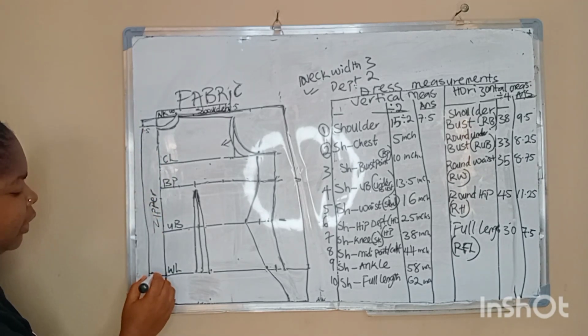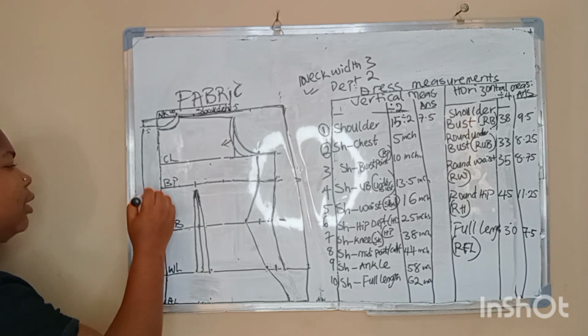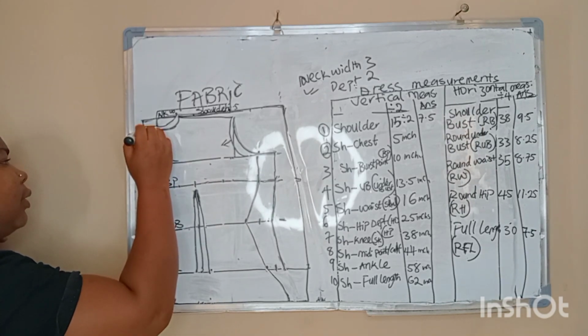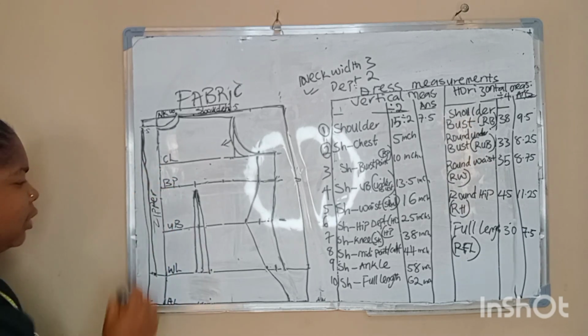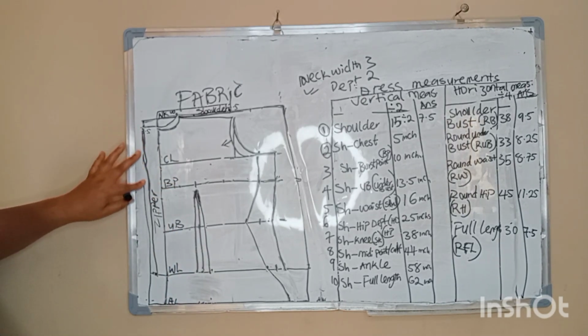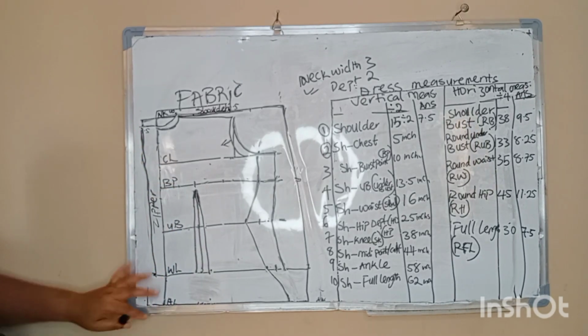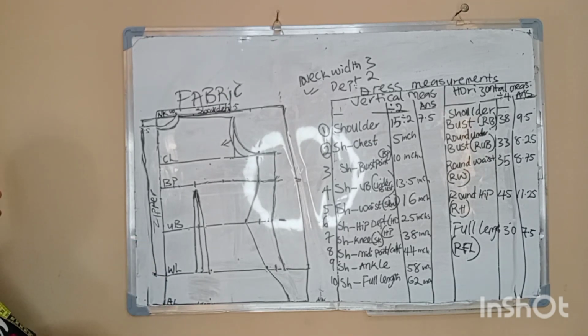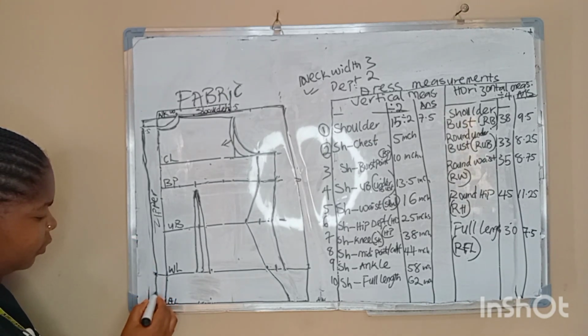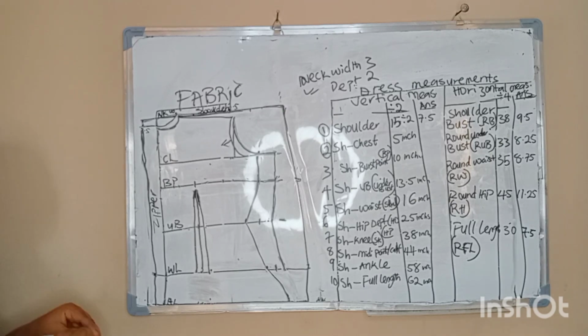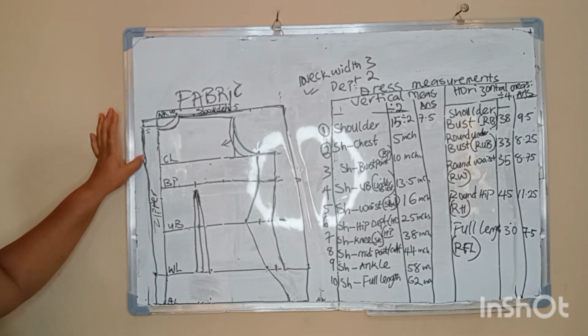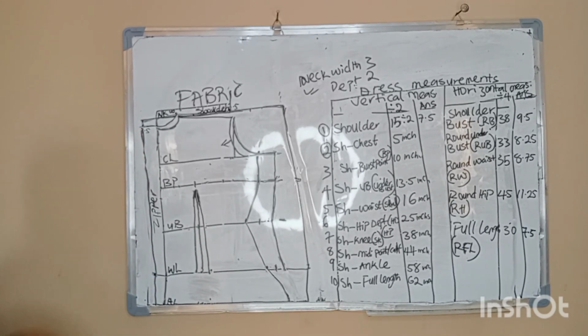So what you do is blend this to this. So you end up eliminating this to avoid zip bulging. Okay, this is to help you avoid zip bulging. This is all for your zip contouring.